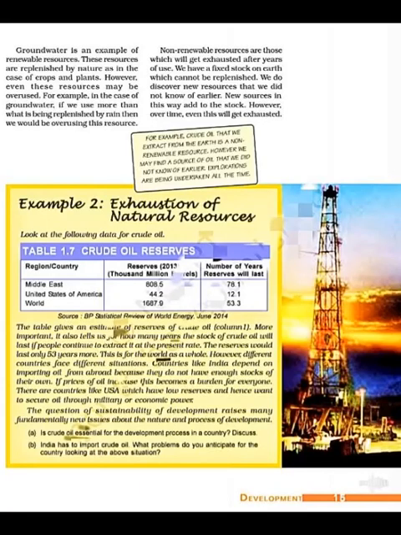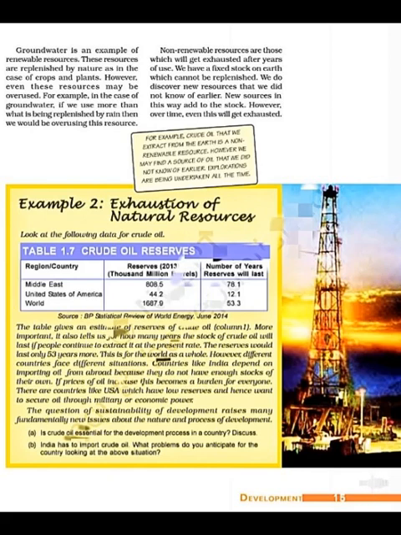Now moving to page 15, groundwater is an example of a renewable resource. Renewable resources are those resources which can be renewed in a short time, and these are the free gifts of nature. In the case of groundwater, if we use more than what is being replenished by rain, then we would be overusing this resource.